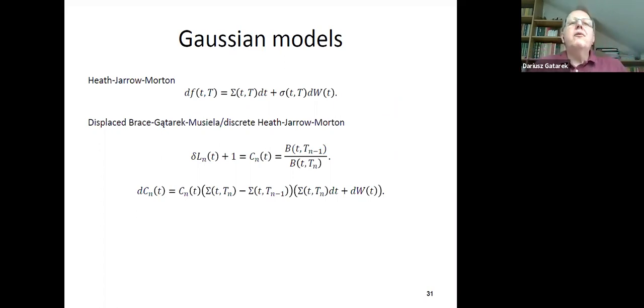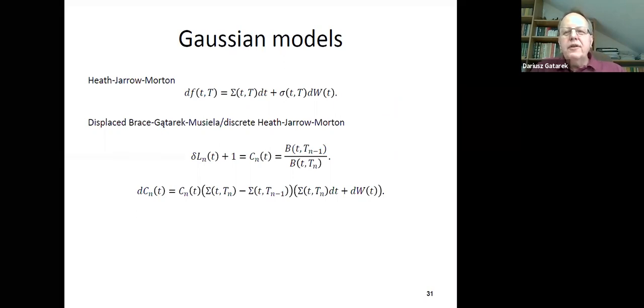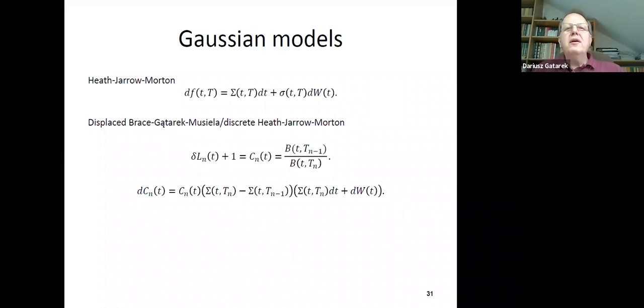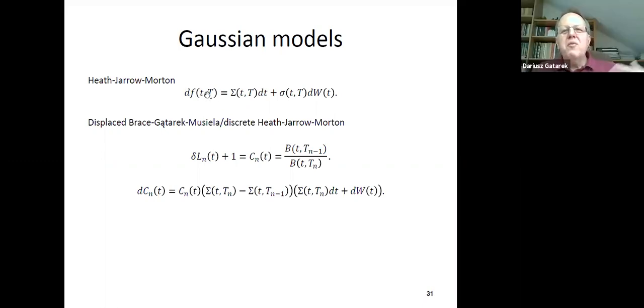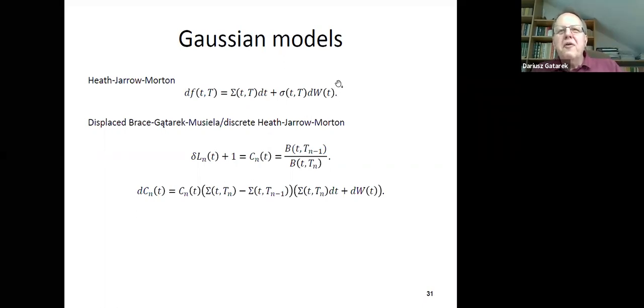And what is one more upside of the Gaussian model? You can have it in various tastes. So a Gaussian model is a Gaussian model, they all coincide in some sense, because if the distribution of forward rate is Gaussian, and all the models are within the Heath-Jarrow-Morton framework, it must be like that.